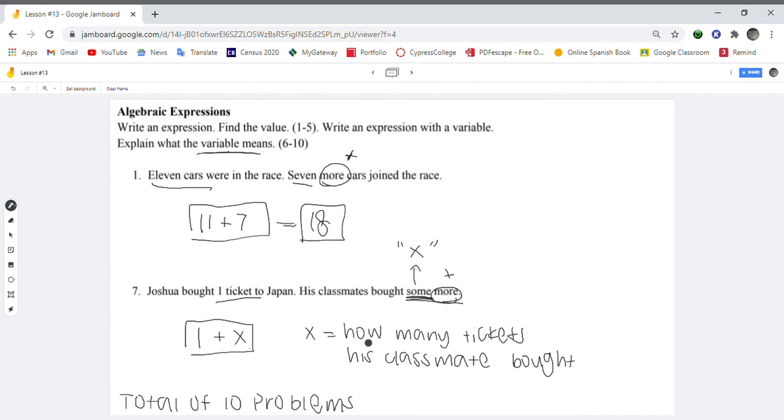And we have to be specific to say his classmates because we're specifically talking about his classmates. So when you're explaining what your variable means for other problems, make sure to keep it very specific. For this problem, we wrote his classmates, and we're talking about tickets. So that's how you would explain what your variable means.